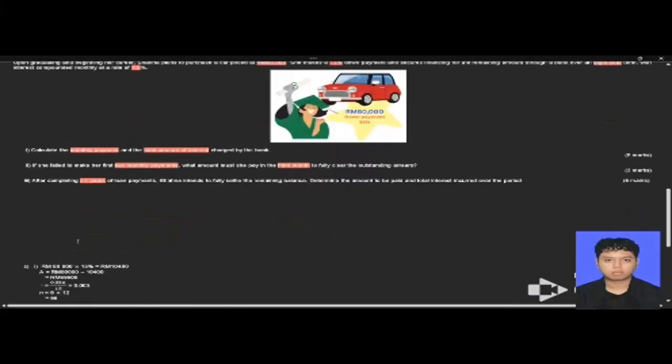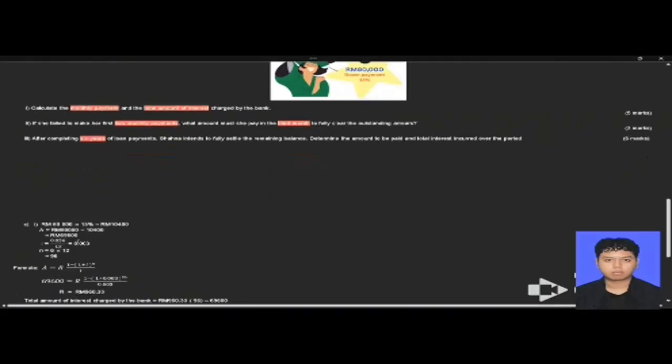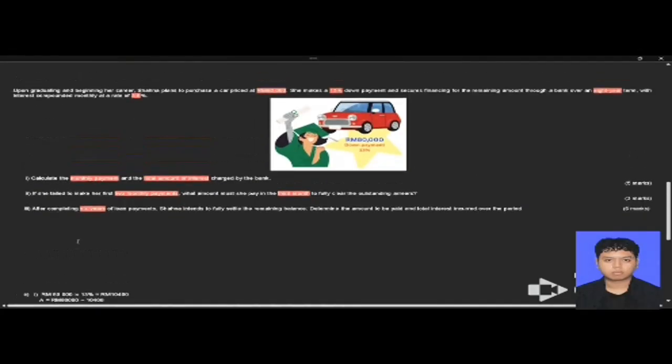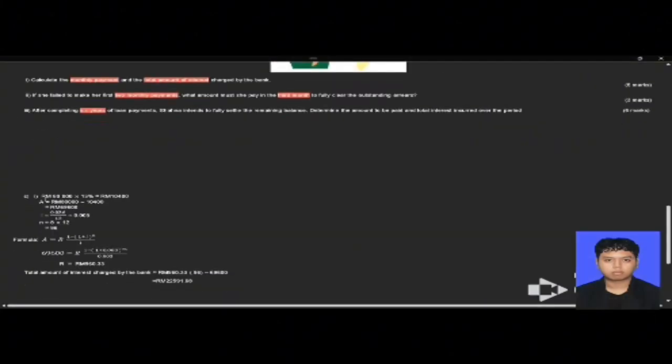For question C, there are 3 parts. The first part requires us to calculate the monthly payment and the total amount of interest charged by the bank. For the monthly payment, we have to extract the information highlighted in red over here and use it to substitute into our present annuity formula.